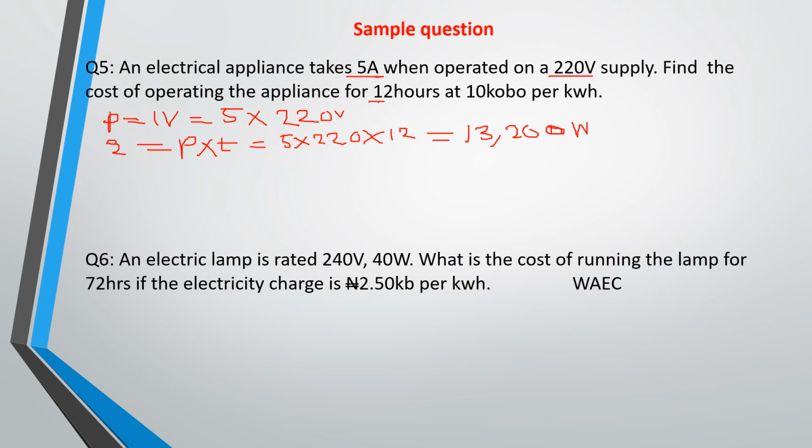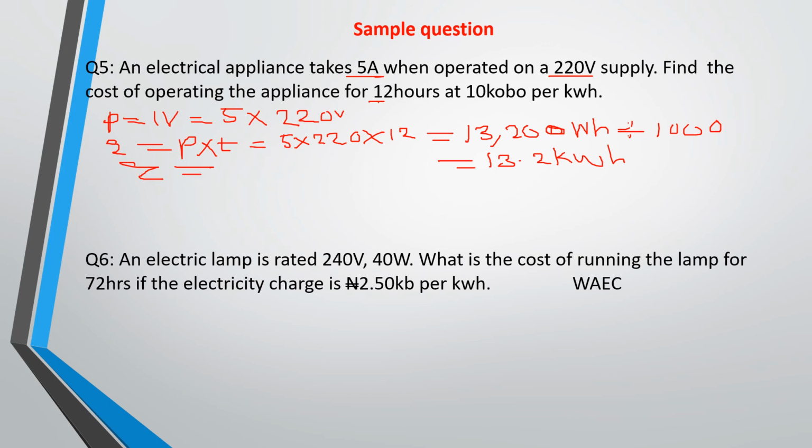watt hours. So if you convert this to kilowatt hour, you divide by 1000 to convert it to kilowatt hour. Okay, so if you do that, you are going to have that energy consumption is 13.2 kilowatt hour. So that is the energy consumption.